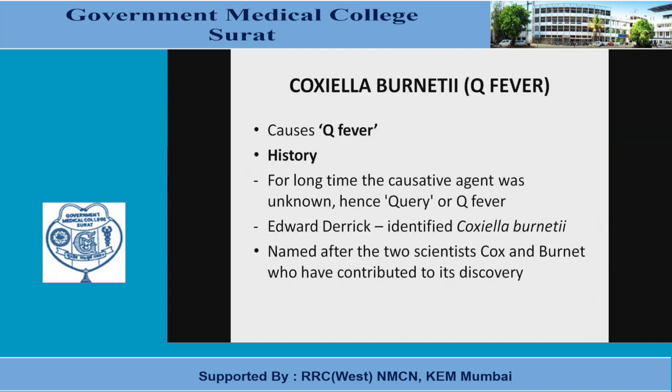Another organism is Coxiella burnetii. It is also called Q fever. History: for a long time the causative agent was unknown, hence query or Q fever was the name given. Edward Derrick identified it, and Coxiella burnetii was named after the two scientists Cox and Burnet who contributed to its discovery.